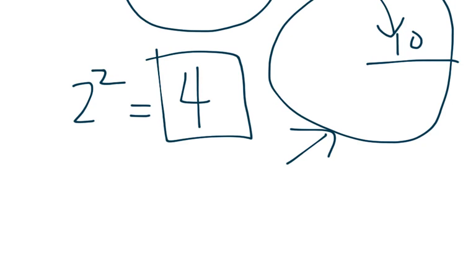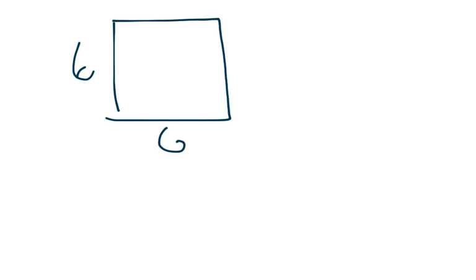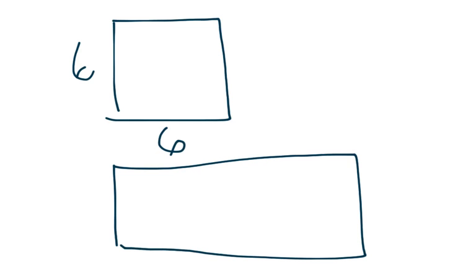Let's go to number 3. Toshi draws a square with each side measuring 6 inches. He then draws a rectangle with a width of 6 inches and a length of 12 inches.